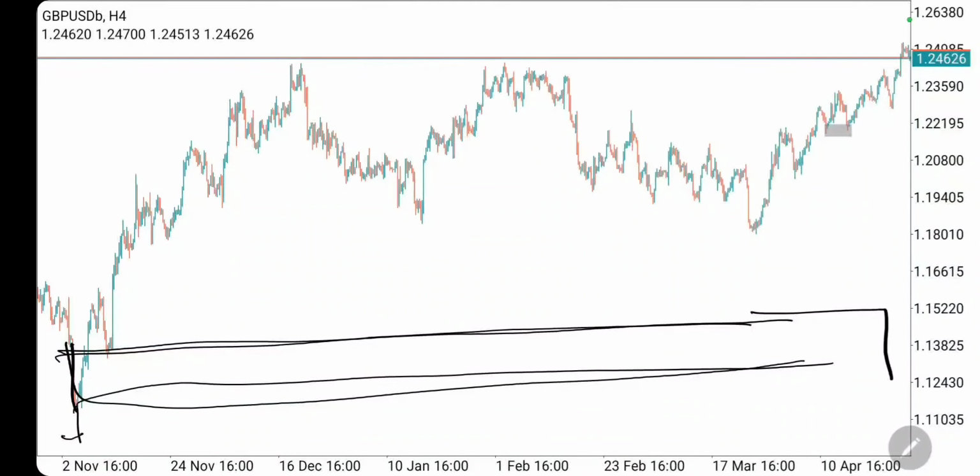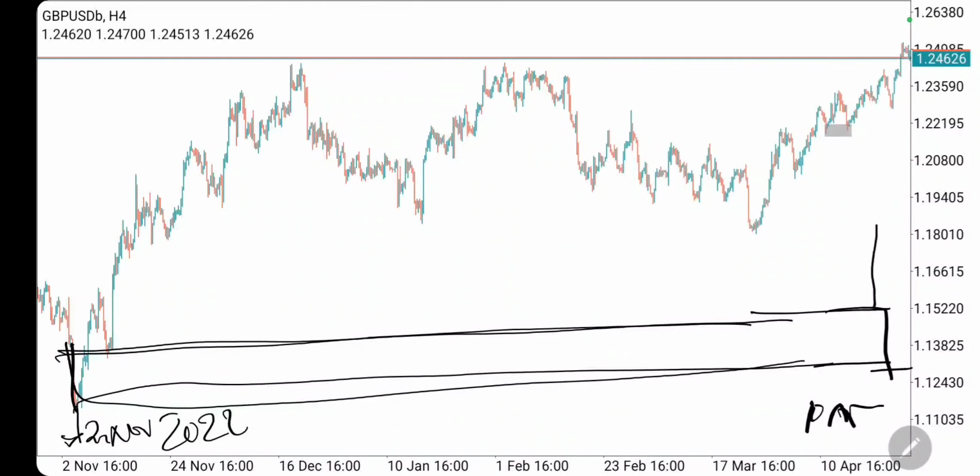You can see, this is November, 2nd of November 2022. Here we have April 2023, 10th of April. So you can see the market has yet to come to this zone.